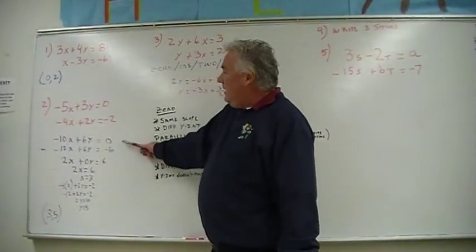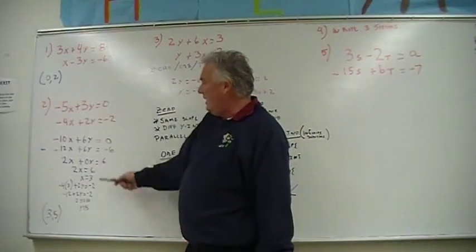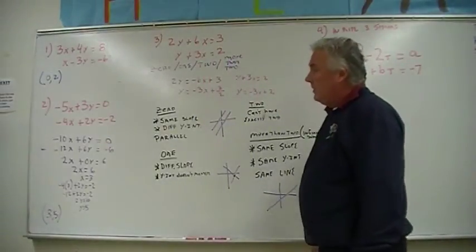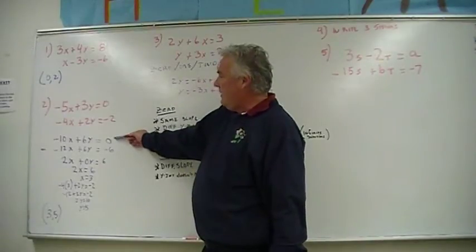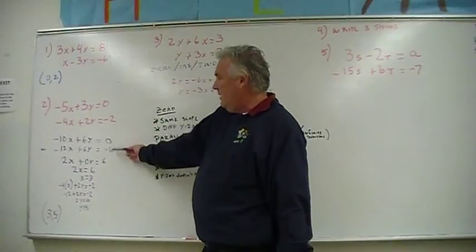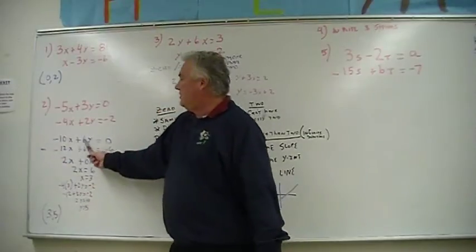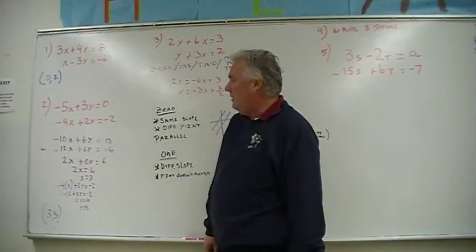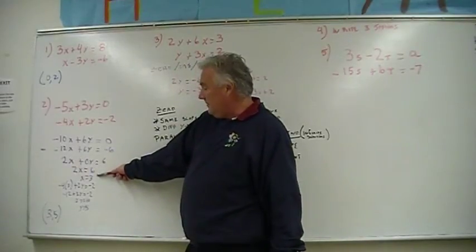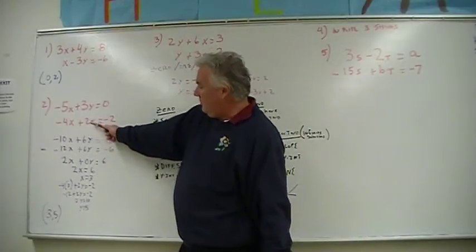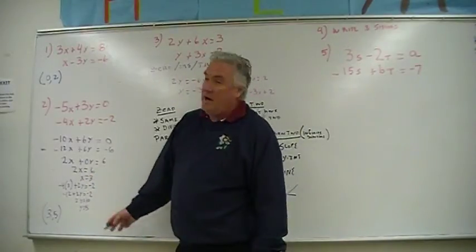If you were going to do elimination, you would make 3y and 2y both be 6y, which means you need to multiply this equation by 2, and multiply this one by 3, and then do a subtraction. 6y minus 6y is 0y, and you work your way down so that x equals 3. Substitute 3 back into one of the equations. I chose this one. Putting 3 back in, you'll get y is 5.